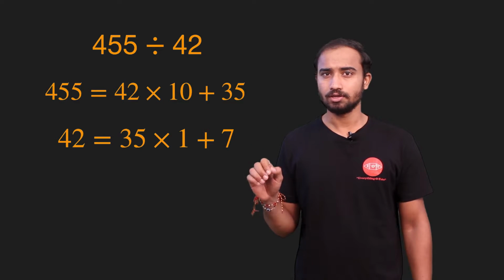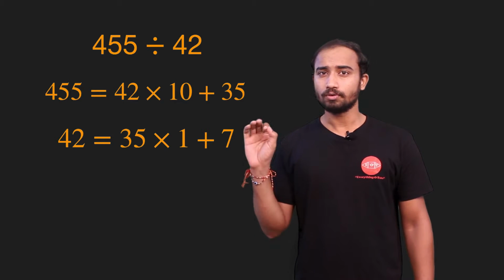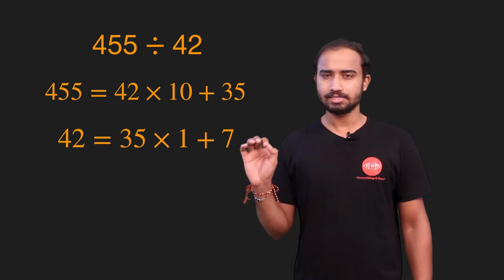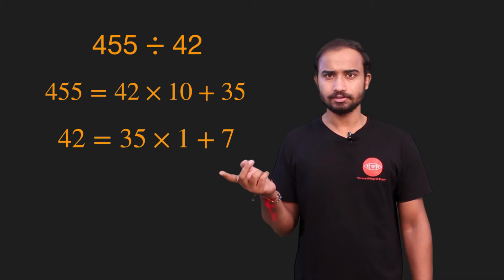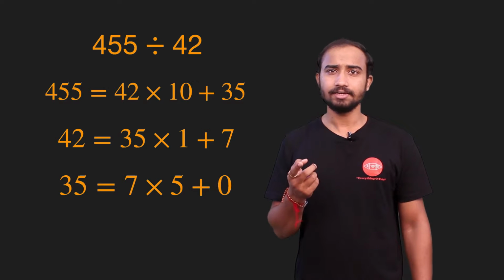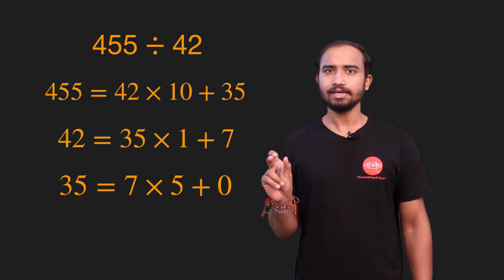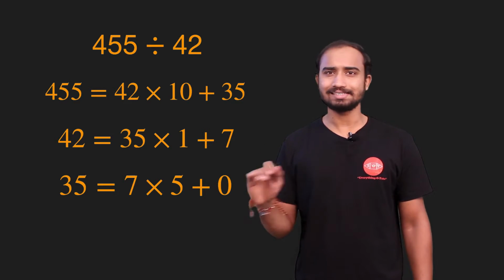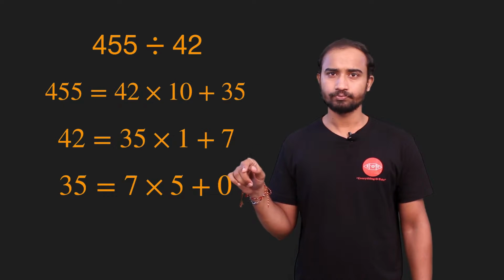So we will solve this division up to the point where we get 0 as our remainder. Again, as we didn't get 0 as the remainder, we take 35 as the dividend and 7 as the divisor. So now 7 into 5, 7 into 5 is 35, so it exactly divides. Now we get the remainder as 0.